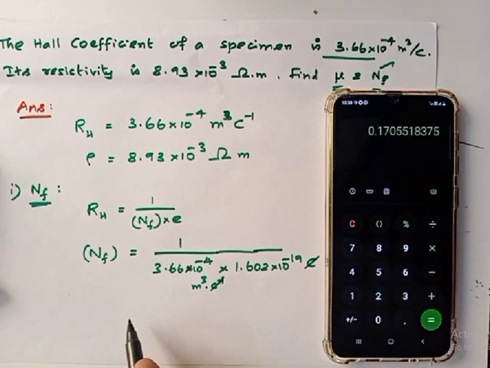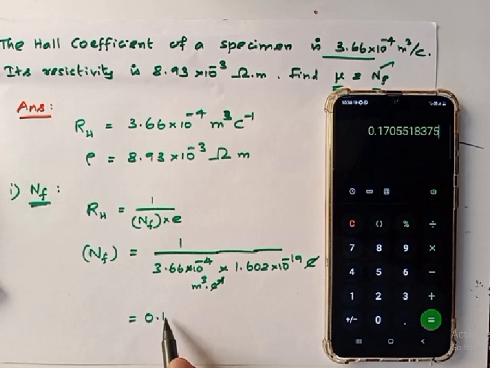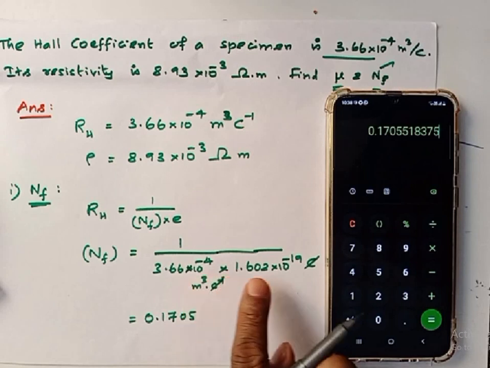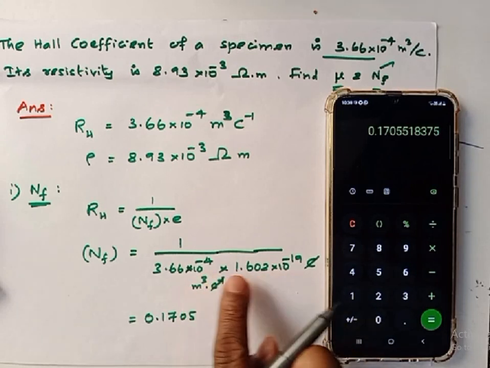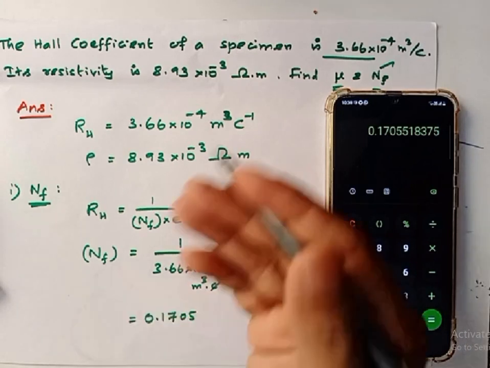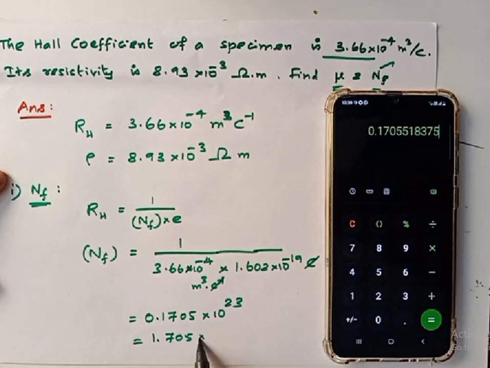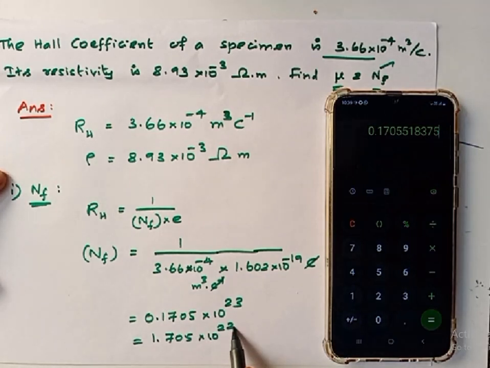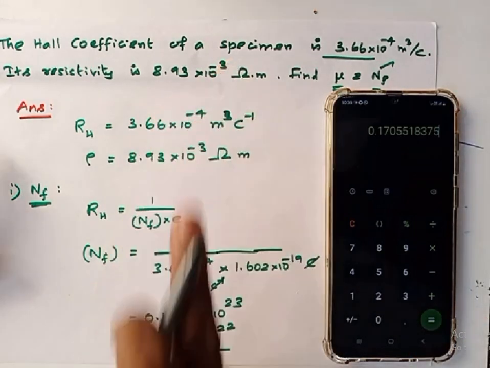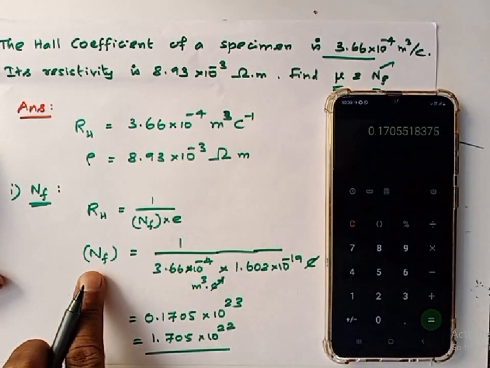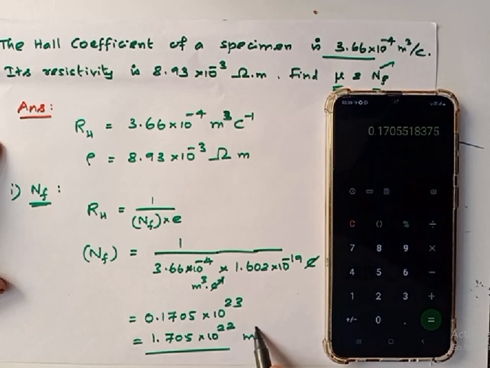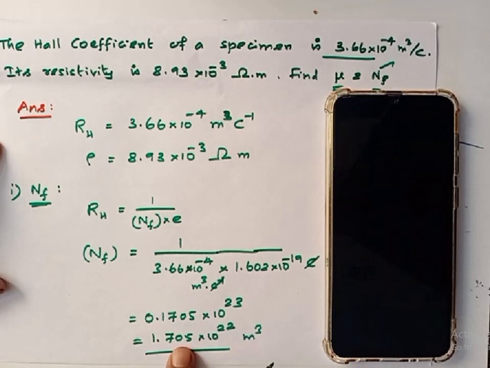The value comes out as 0.1705. Then here we have 10 to the power minus 4, here 10 to the power minus 19, so you get 10 to the power minus 23. If I bring it to the numerator, you get 10 to the power plus 23, or I can write this as 1.705 into 10 to the power 22. So this specimen has a number of charge carriers per unit volume, per meter cube, of 1.705 into 10 to the power 22.